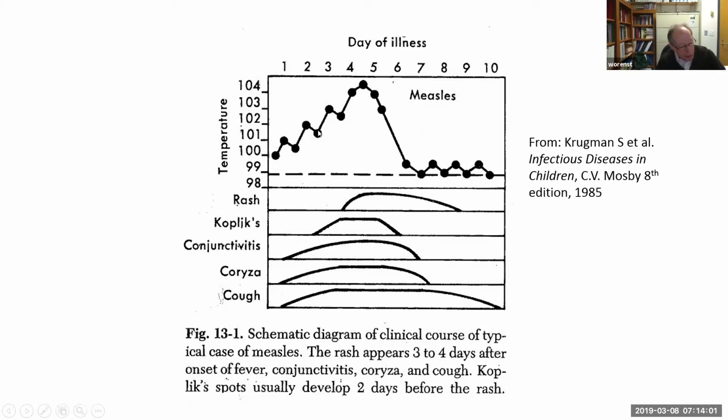These are in Fahrenheit degrees, but it's not unusual in centigrade to get up to over 40 degrees centigrade, and the kids are very toxic. And Koplik spots are white spots inside the buccal mucosa that occur a day or two before rash, and then the first few days of rash, that are pathognomonic for measles.